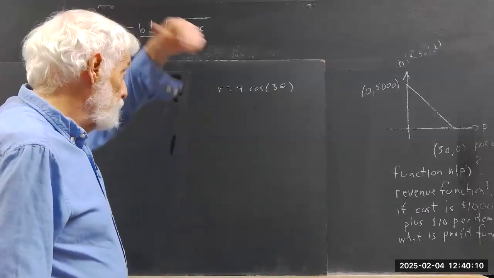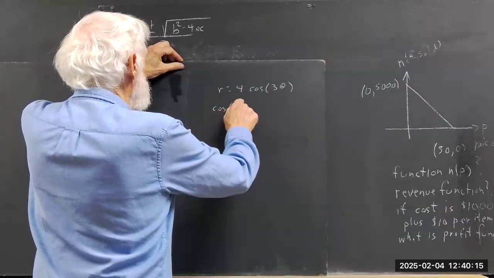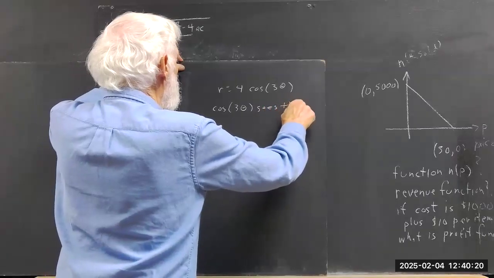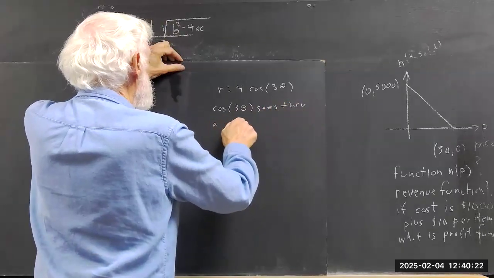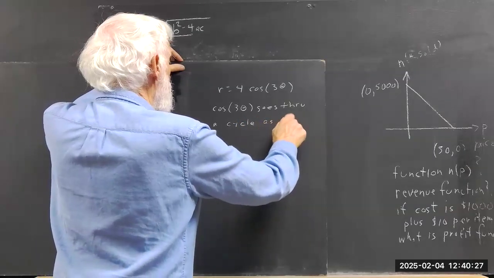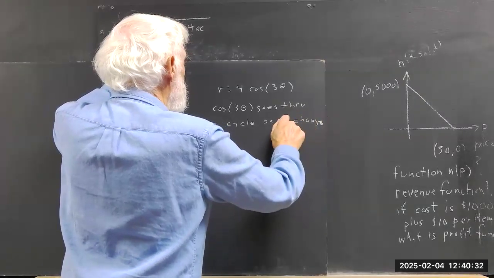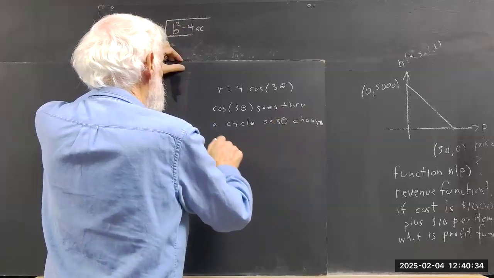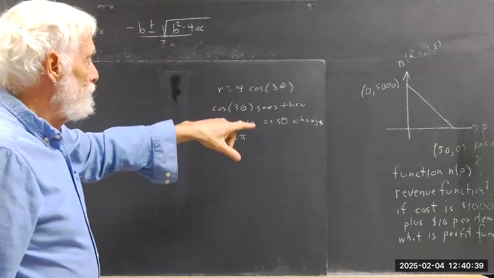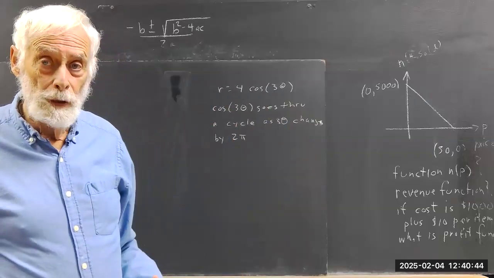What you really want to see is the first thing: it goes through a complete cycle as the argument goes from 0 to 2 pi, right?